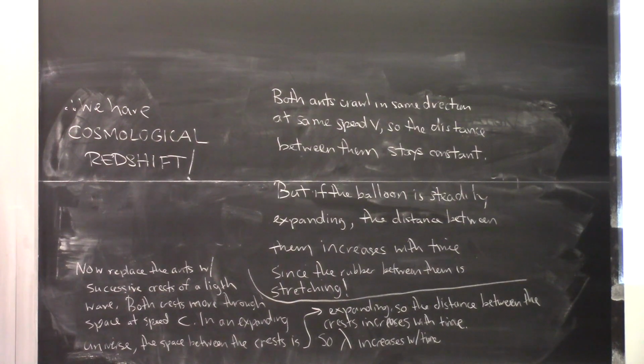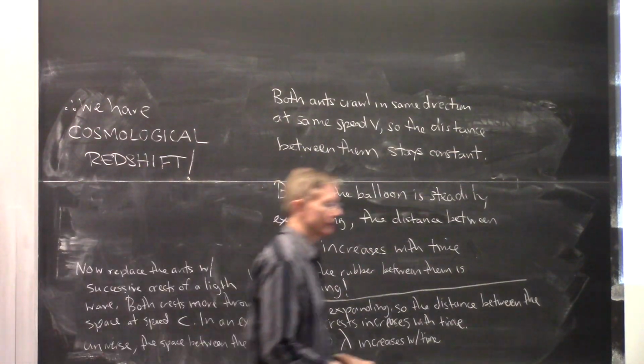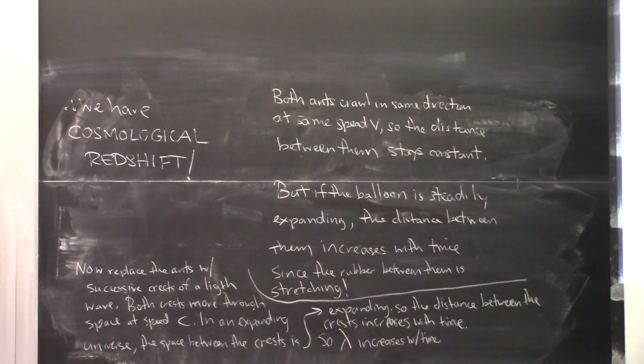It's not a Doppler shift, not in the classical sense at least. It's not because other galaxies are moving away from us through space. Now, there can be a component of that on top of this, but it's the expansion of space during the time that the photon is traveling to us that causes us to see this redshift.